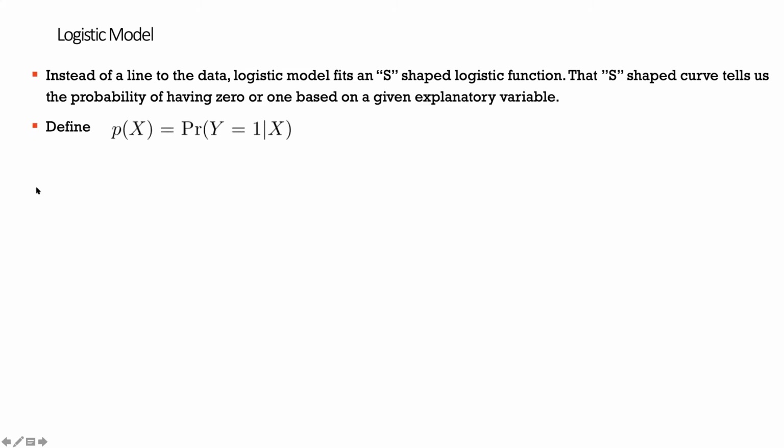If you want to define it, here is our probability for a given x. You see that it's a conditional probability for a given x, and we find the probability of Y having 1. You can play with that part and say 0, but it's always a good idea to start with Y equals 1.